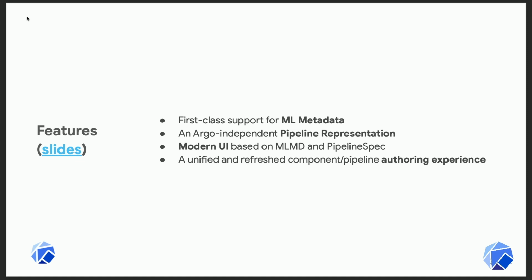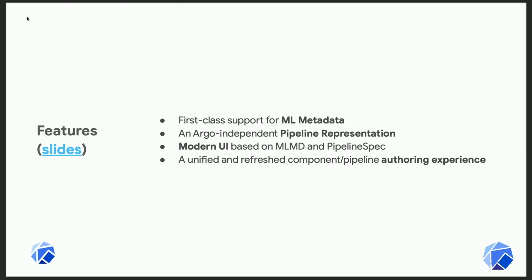So if you want to achieve something, you are recommended a standard way instead of finding a workaround as in the previous version. If you want to learn more, there's a slide link over here that will redirect you to last year's Kubeflow Summit slides, where we talk about the details. But also you can check out the Kubeflow documentation to learn more about how to use them.